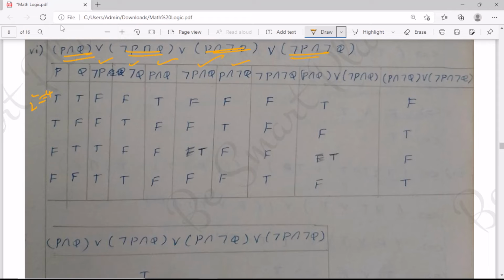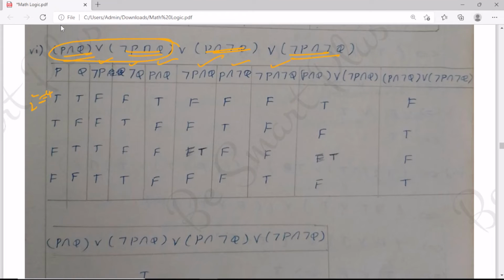Next negation P and negation Q you have to calculate. You can't combine all these simultaneously, so you combine these two first. That means you combine the truth values of P and Q with negation P and Q by disjunction, or. And also P and negation Q with negation P and negation Q. So that we have these two columns.